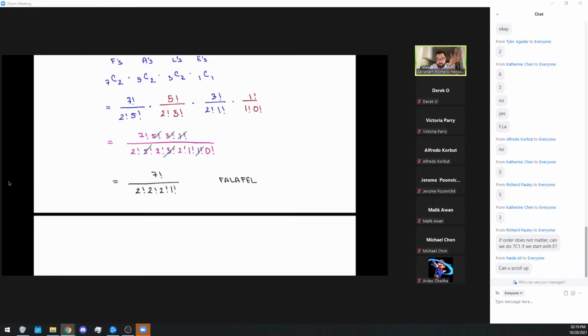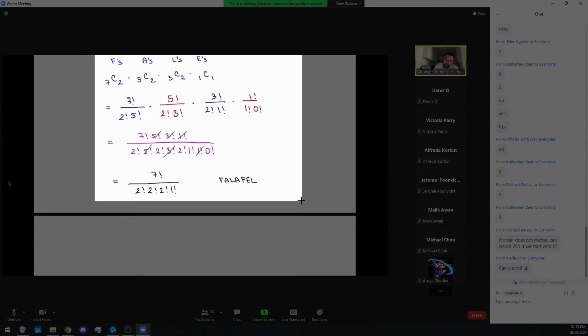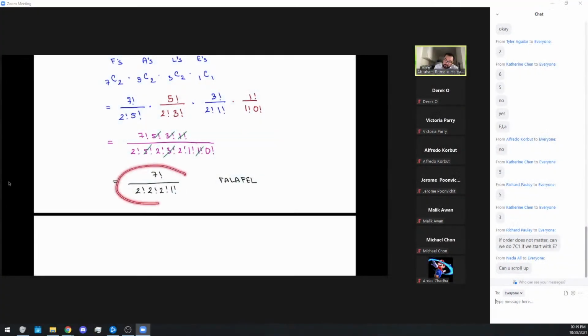But this is why I actually wrote this one out, like I did the factorials and simplified it. Because if you notice, this is saying something that you can relate to the word falafel. Falafel is 7 letters, so on the numerator is 7 factorial.